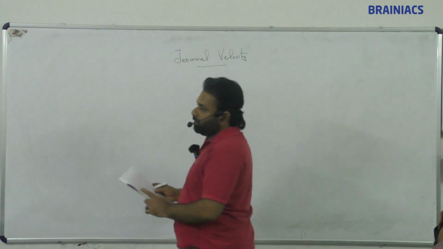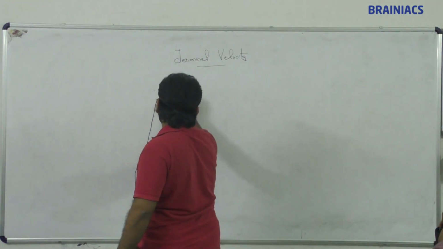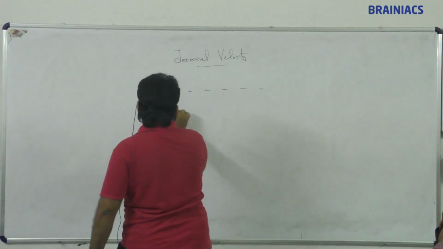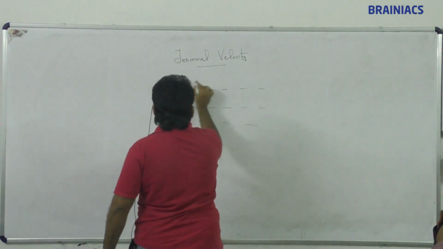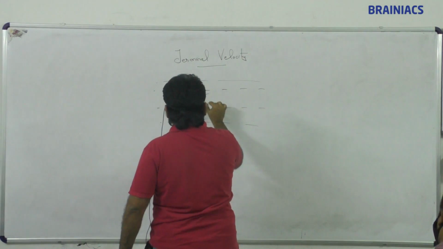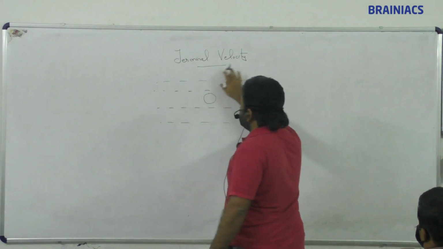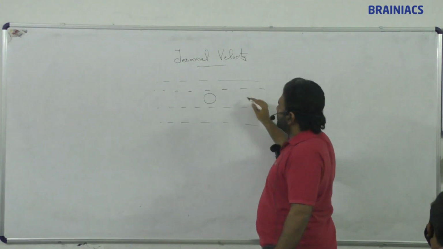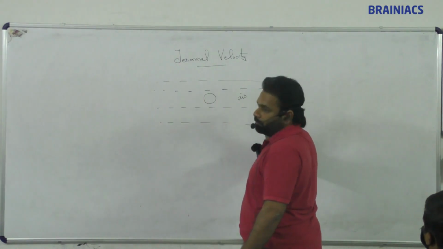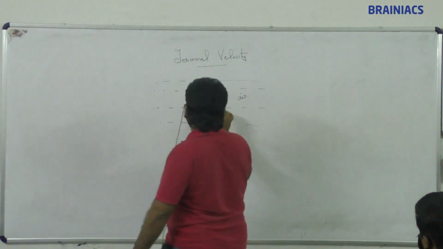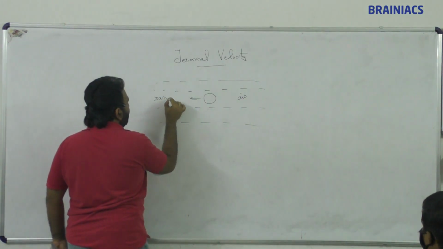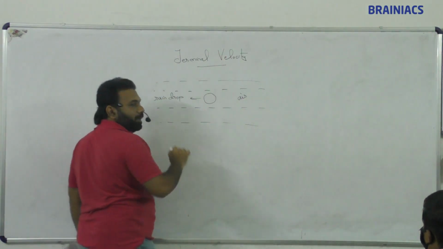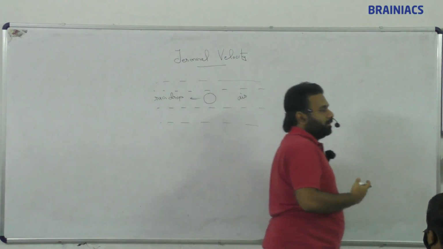Okay, so terminal velocity. Suppose, what is this? This is air, and this is a raindrop.